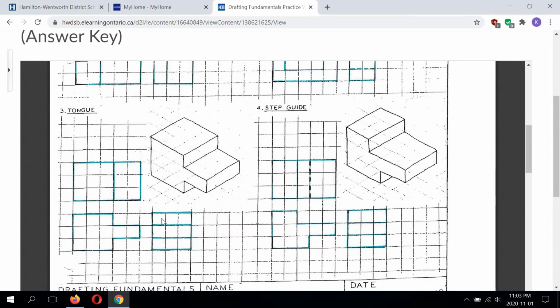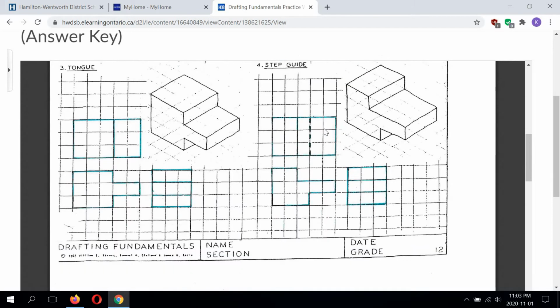And we have the tongue, and the tongue is very similar to the step guide, except the step guide also has a hidden detail line on the top view here, right? Because the bottom is 3 grid spaces to the right, and above we see our hidden line right here.